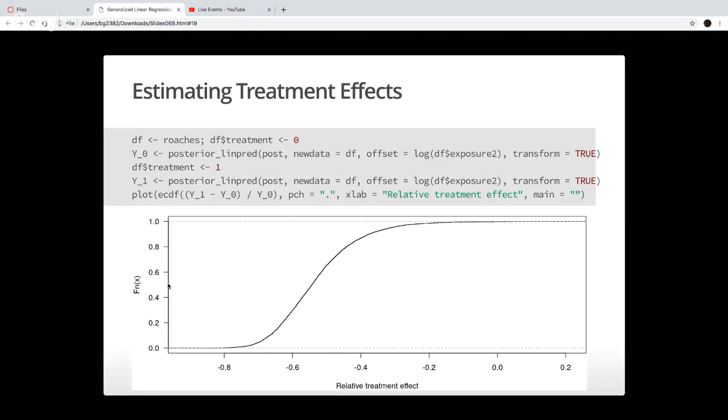But you can say, okay, the posterior median of the treatment effect is probably to reduce roaches by 53% or something like that. But we're looking at the whole implications of the posterior here, so reflecting our uncertainty. But in any event, there's a very small probability that this treatment increased the number of roaches. So it looks like it is an effective thing.